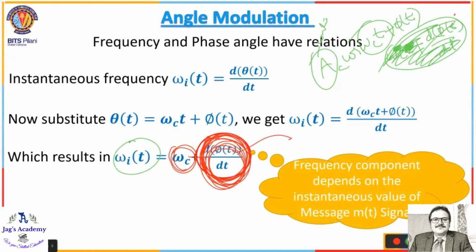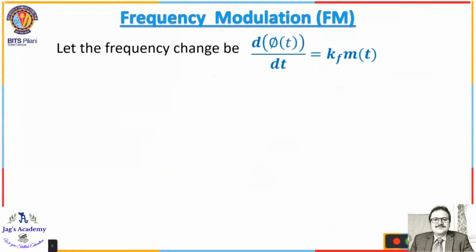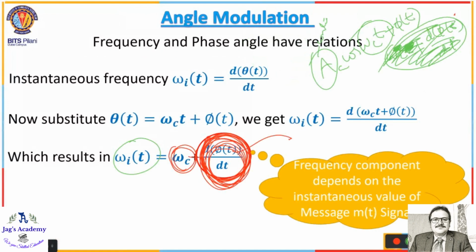That's what I am going to write here. Now see what next. I told you that this particular component, in the previous equation, is your instantaneous frequency of the wave, right? This is the instantaneous frequency of the wave after modulation.